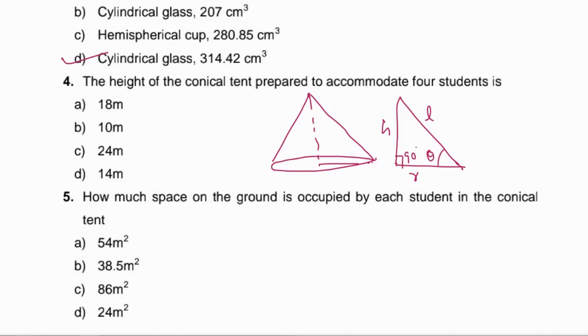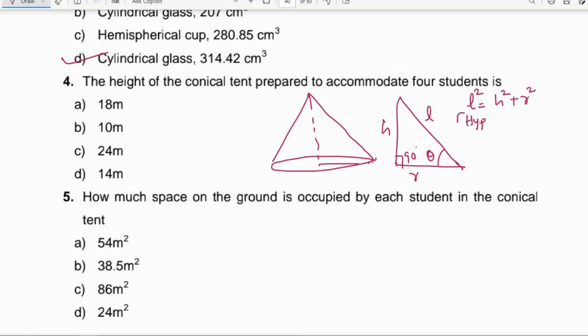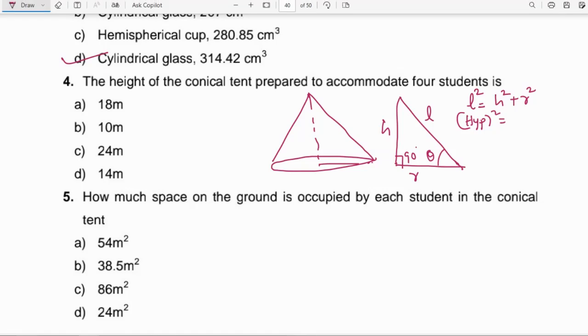So by the Pythagoras theorem, the slant height L will be h square plus r square. L square equals h square plus r square, that is hypotenuse square equals opposite square plus adjacent square.